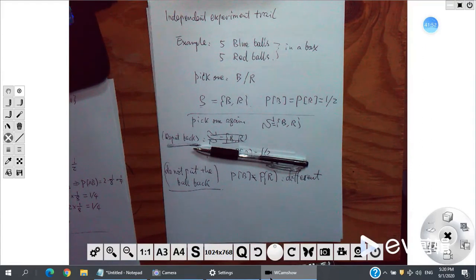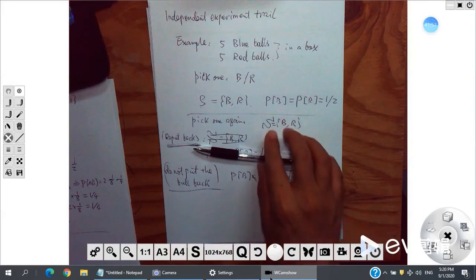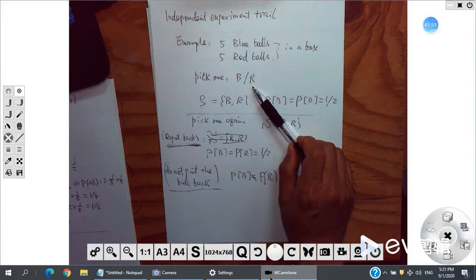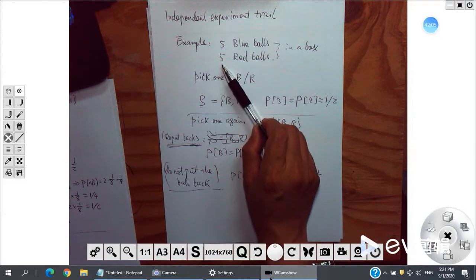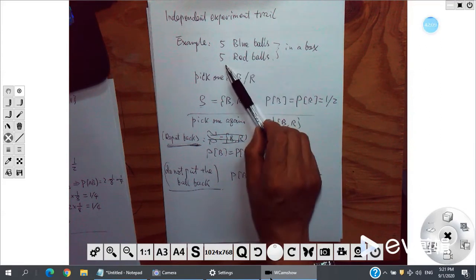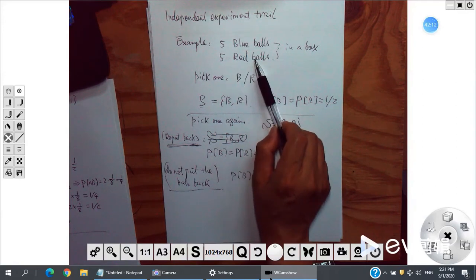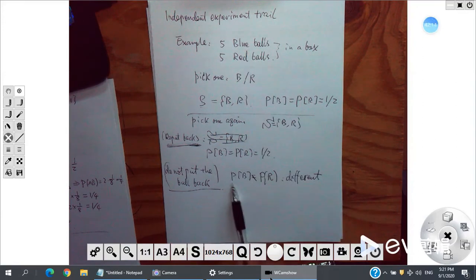On the other hand, if the first time you have the red bar in your hand, then this time you only have 4 red bars in the box. So when you pick the bar, you will have less chance to get red bars. So PB and PR, they are different.